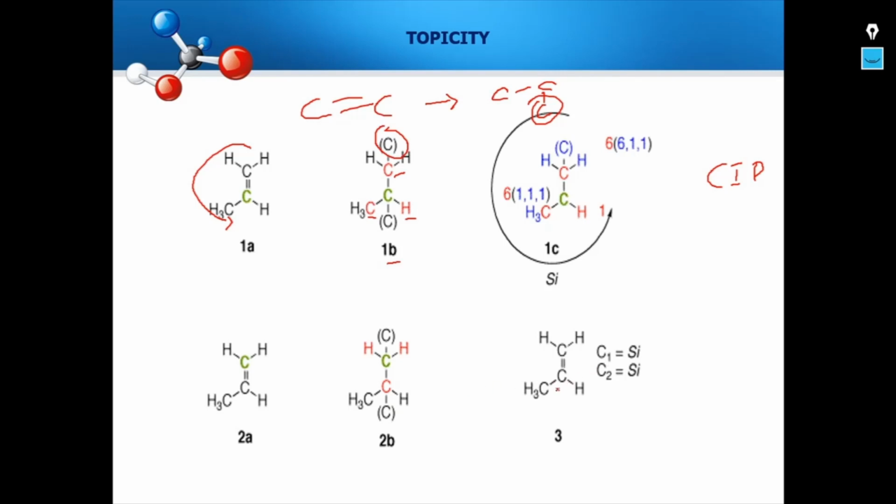Therefore, by convention, C1 is also assigned as Re by virtue of the assignment at C2. So both the faces of propene are Re as far as this structure is concerned. This is how we differentiate the faces when any two of these ligands are the same.